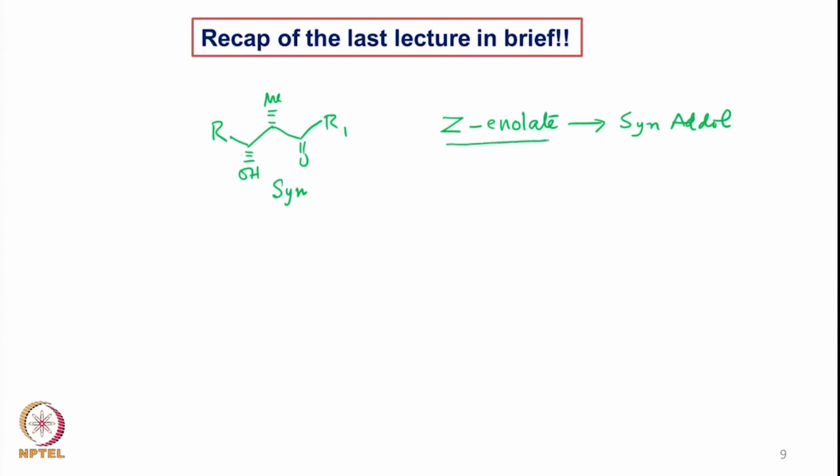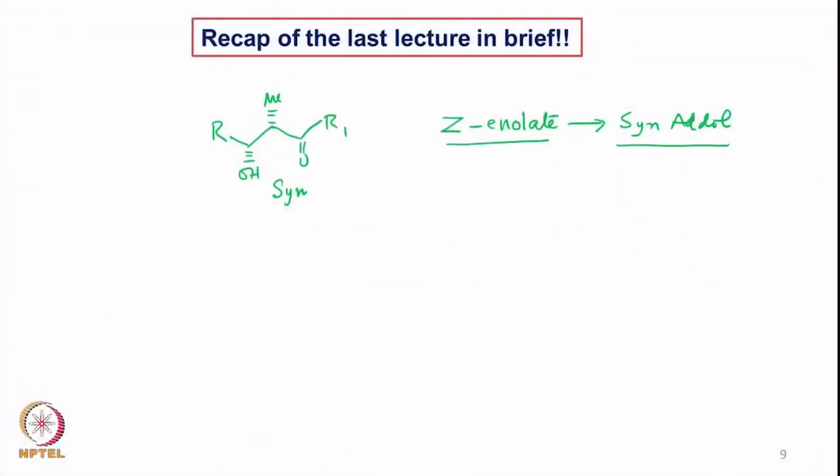Then we also looked at the various features that are needed for obtaining a Z-enolate, and we saw that the formation of the Z-enolate is much easier, and also the formation of the corresponding syn aldol from Z-enolate is very much easy.